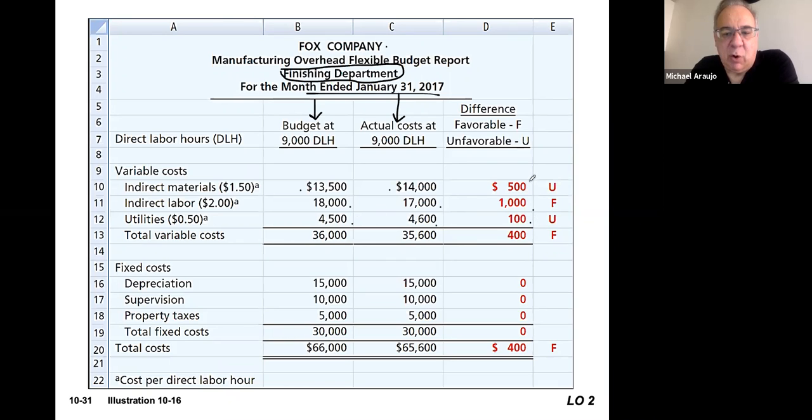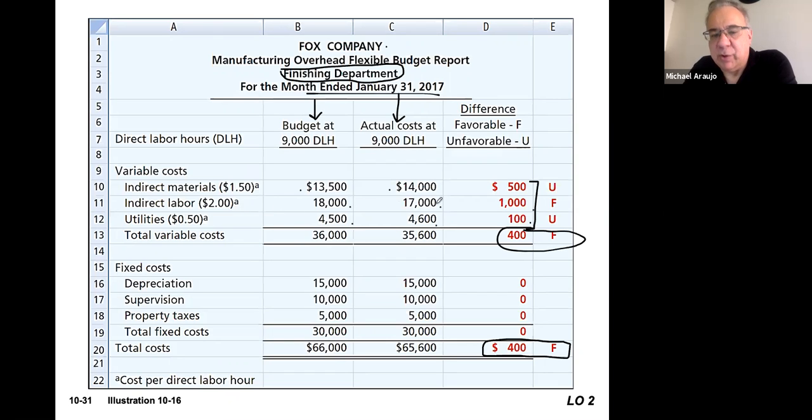But when you look at all of these added together, right, 1,000 favorable, 600 unfavorable. That's a difference of 400 favorable. And so this manager would probably get a good pat on the back and be told, hey, nice job keeping the costs under control.